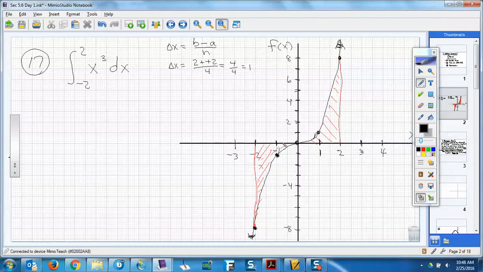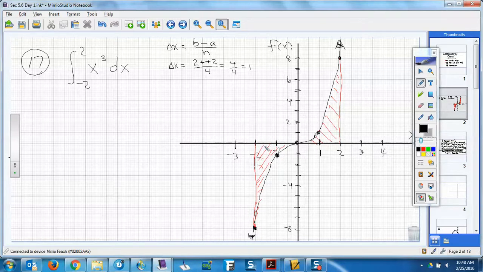So that means if I want to draw a left rectangle, I go to this subinterval, and we haven't done any of the negatives, so this will be interesting. So here's my first subinterval. It's 1 wide. Where do I go to get the height? Down from where? From which x value? These are left rectangles. So what's the left edge of this subinterval? Negative 2.